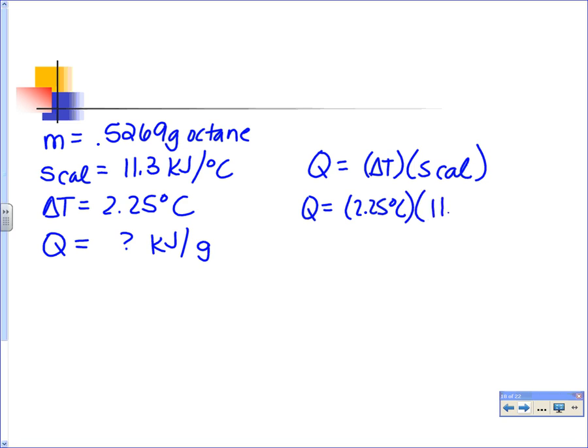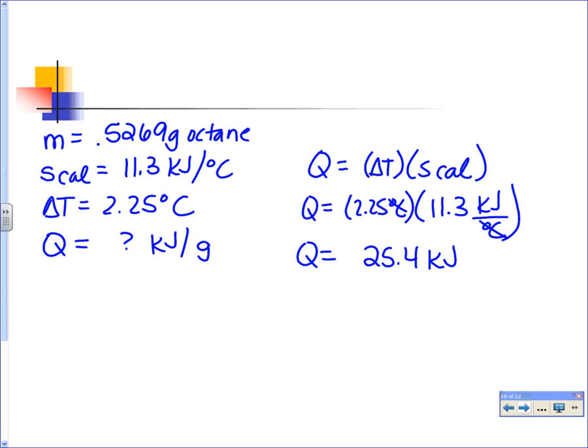And our specific heat of our calorimeter is 11.3 kilojoules per degree Celsius. You'll notice our degrees Celsius cancels out and gets us to that kilojoule unit that we're interested in. We'll multiply that together and we get 25.4 kilojoules.